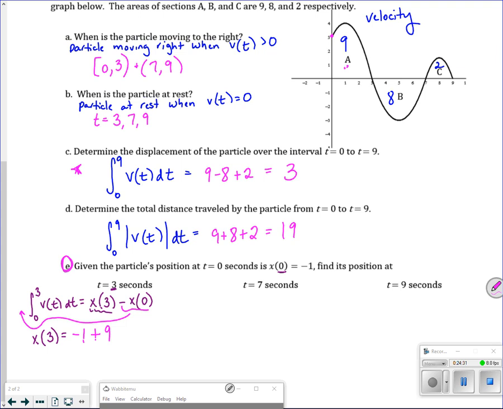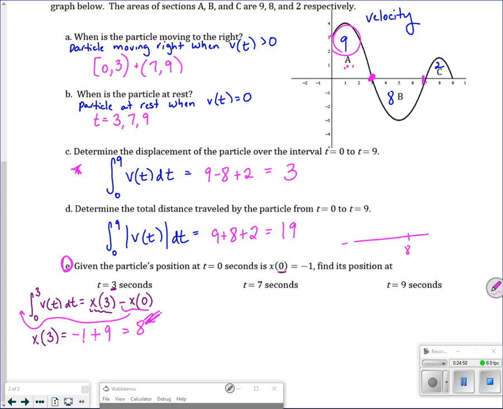From 0 to 3, right here, the change was 9, and I'd get the position at 3 would be 8. Now remember, I'm going to do these the fast way. I'm pretty confident that I got that one right. So y'all, think about 7. Right here, at this time, my position is 8. I'm on a number line. I'm at 8.